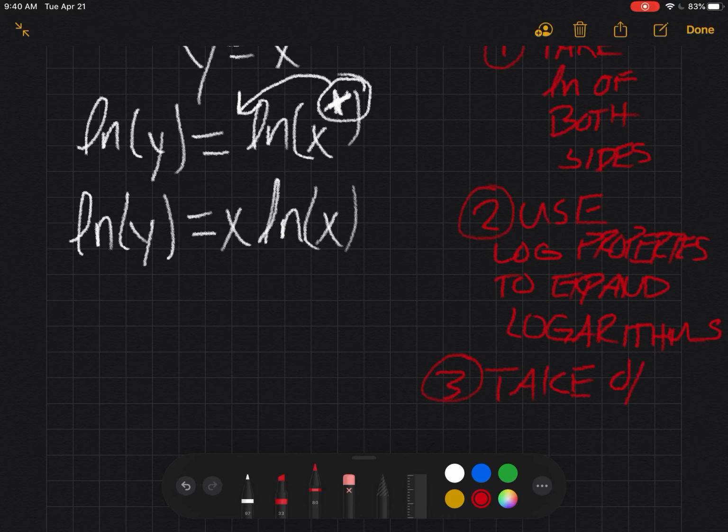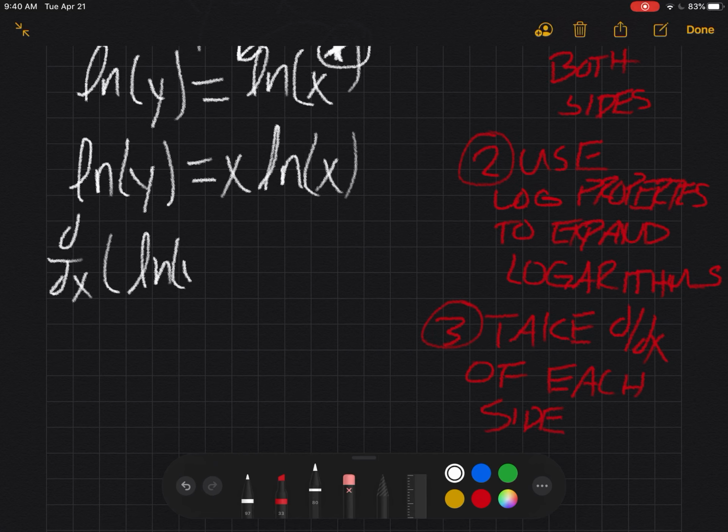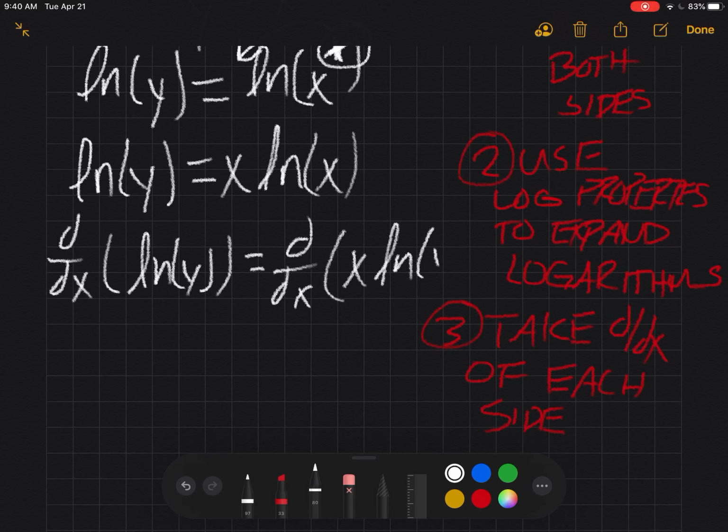So we have a property of logarithms that says I can bring this exponent down and multiply it. So that would give me ln of y is equal to x times the ln of x. And now we're ready to take the derivative of each side. So that's going to be our third step, is to take the derivative with respect to x of each side.